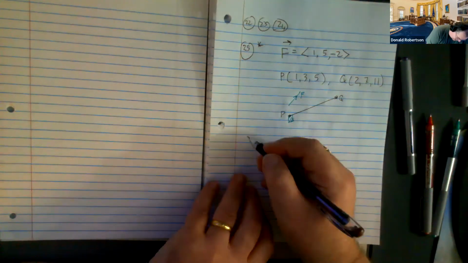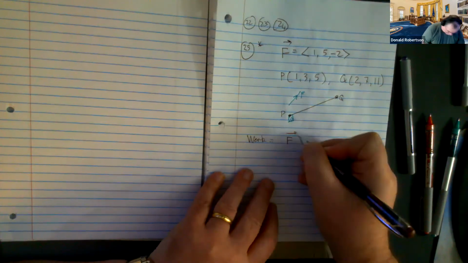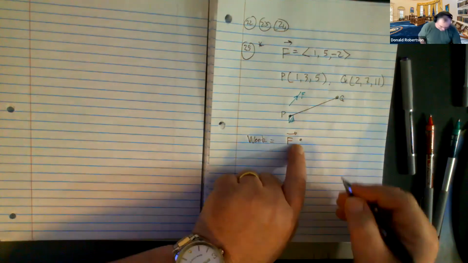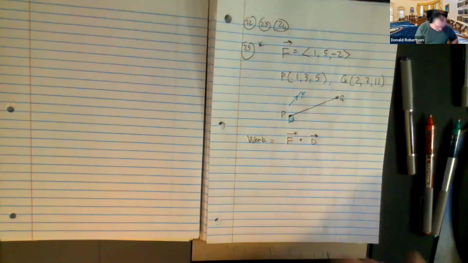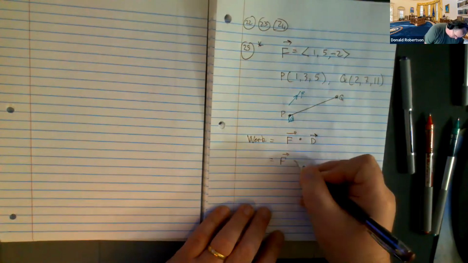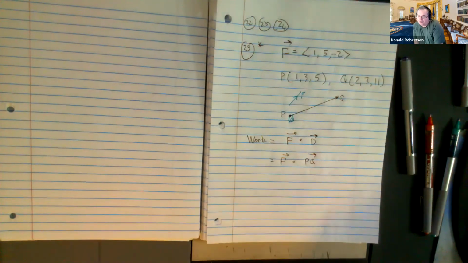The work done is a dot product. It's a dot product of the force vector with the distance vector. And what do I mean by the distance vector? I mean the position PQ. So there's an interesting use of dot products.